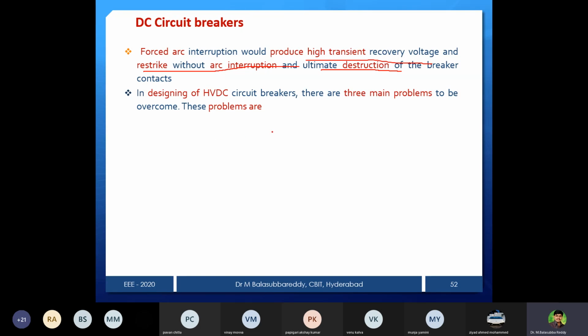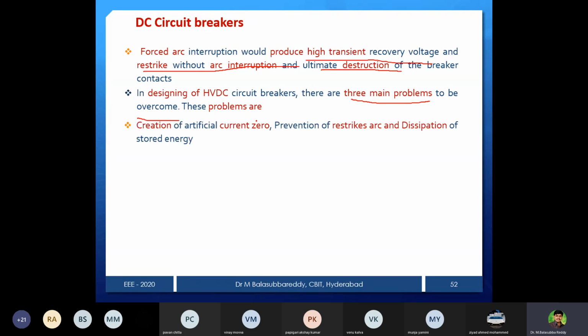In the design of HVDC circuit breakers, there are three main problems to be overcome. While designing an HVDC breaker, the main problem is the creation of an artificial current zero. As I mentioned, normal DC will never go to natural zero.